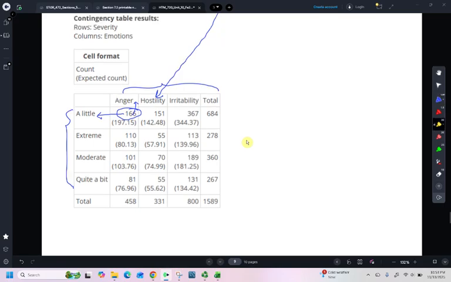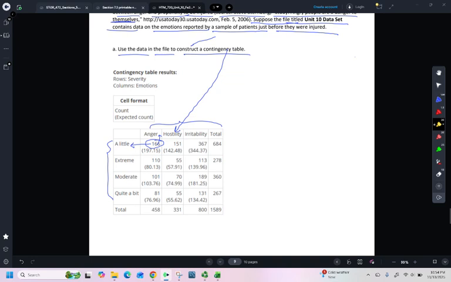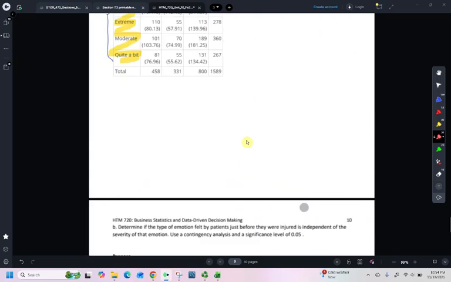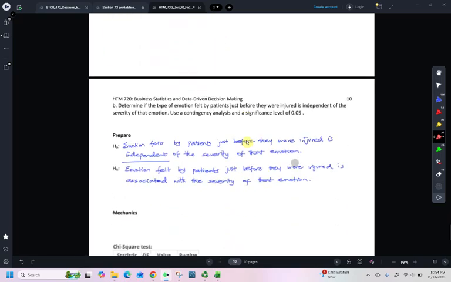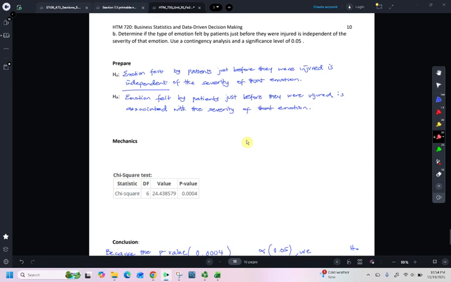So our interest here is to investigate if there is any connection between these two categorical variables, severity and the other categorical variable, emotions. To do that, a chi-square test of independence can be very, very useful. And we must also notice that none of the expected values is less than 5. That is critical.